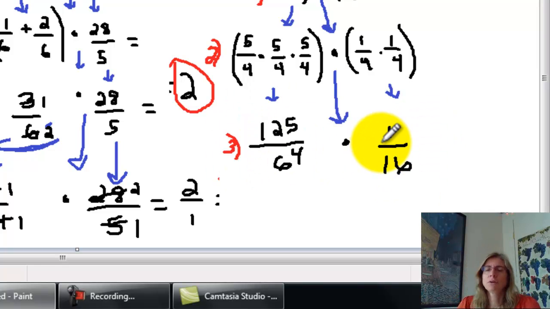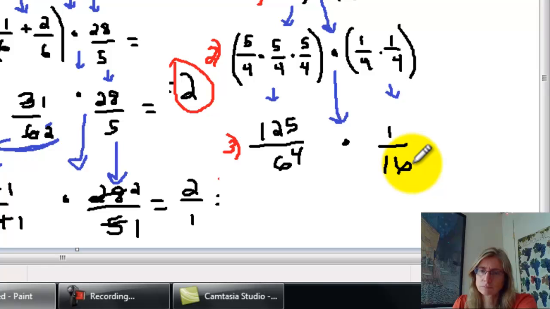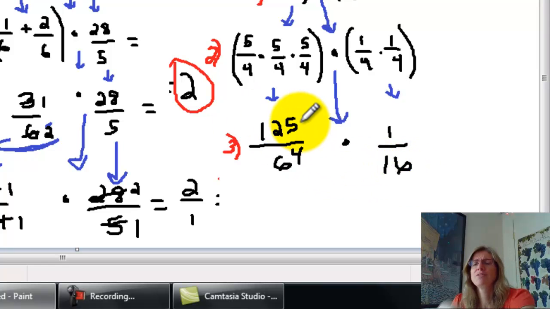Line 3, so we look across, and what is order of operations? Well, there's only one thing left to do. So now we have to look at, can we cross cancel and make this less? We have 16 and we have 125. That's not a lot we can do with that. So we take 125 times 1.